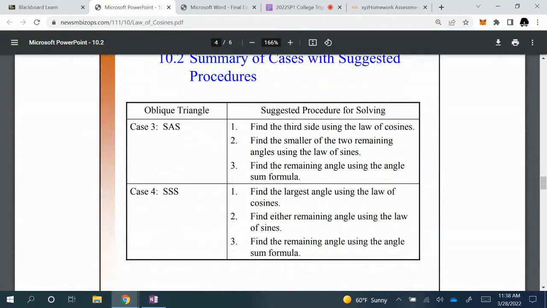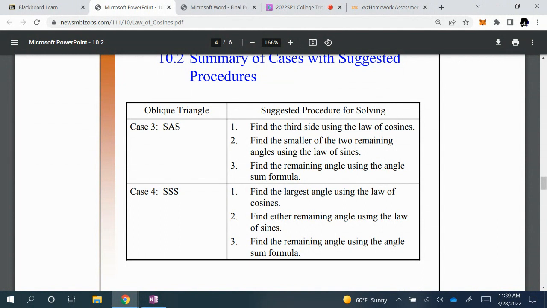All right, so now here's where we come to the use of the law of cosines. All right, case number 3 says if you're given a side side side set of measurements, the first thing you should do is find the third side using the law of cosines. The second thing you should do is find the smaller of the 2 remaining angles first by using the law of sines.